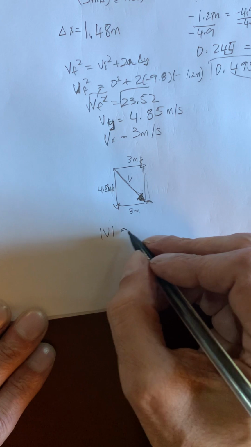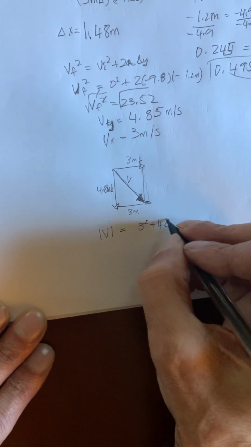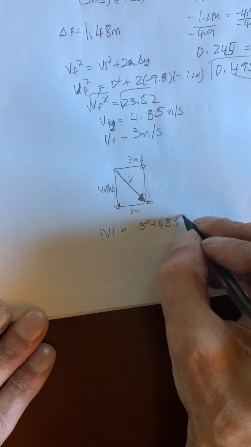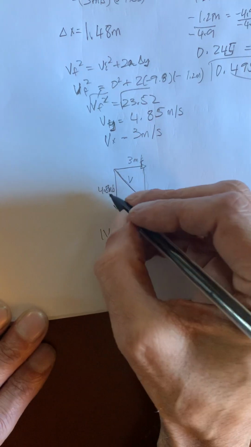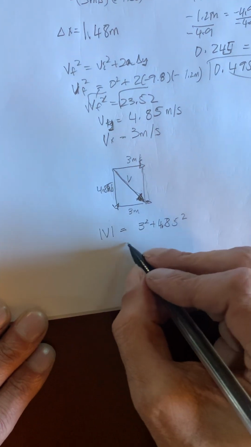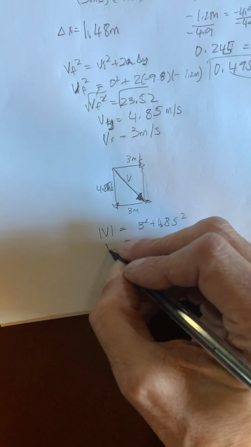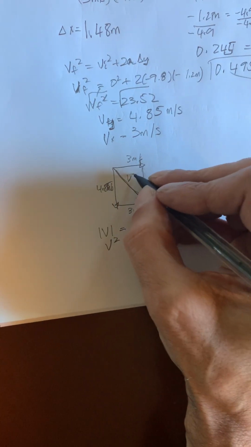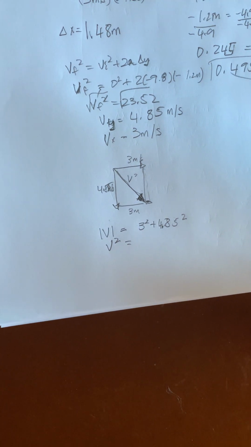And so that's just going to be 3 squared plus 4.85 squared. It is 4.85 right there. And that's going to be my V squared, right? We're looking for V, which we're going to do by finding the square root of that later.